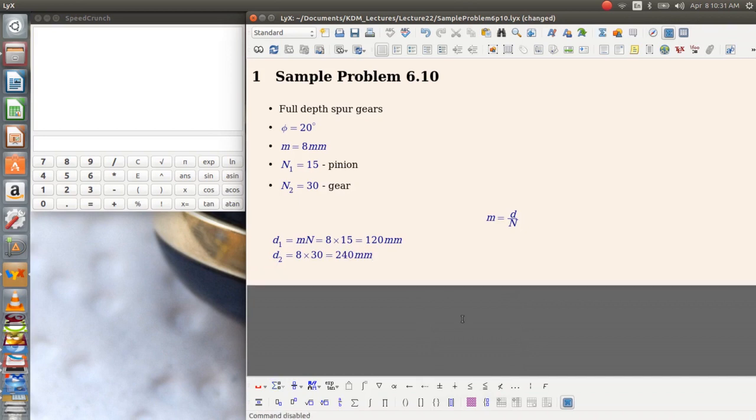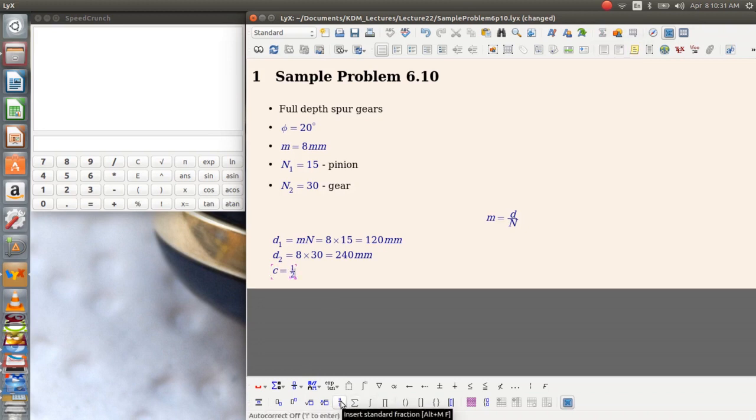So very, very straightforward. It's also very easy to remember the center distance equation. If you recall, C is equal to 1/2 multiplied by the diameter of the pinion plus the diameter of the gear, which in this case is equal to 180 millimeters.